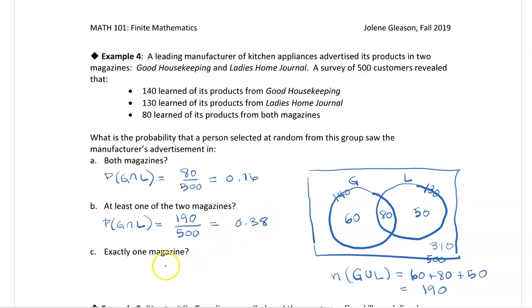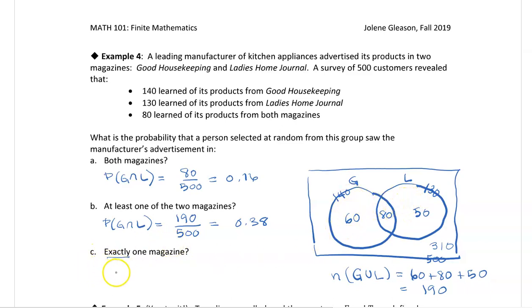And the last question here just asks how many learned of the product from exactly one magazine. So not both this time. Either Good Housekeeping or Ladies Home Journal, but not both. Now I could write the set notation: it's G intersection L complement, and then the union of that with L intersection G complement.